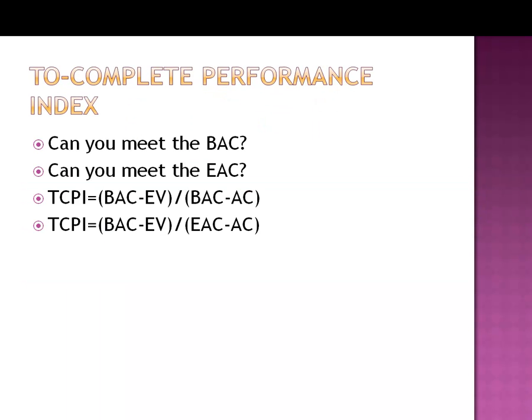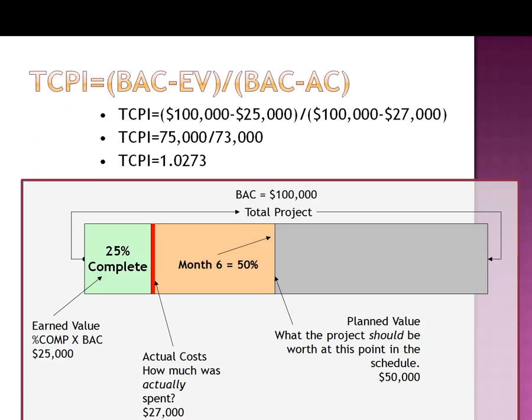The to-complete performance index is a way of predicting, can you meet the current budget at completion, or can you meet the existing EAC? So there's a couple different formulas here, the TCPI using the BAC and the TCPI using the EAC. Let's look at both of those. The first one is using the budget at completion, the 100,000.